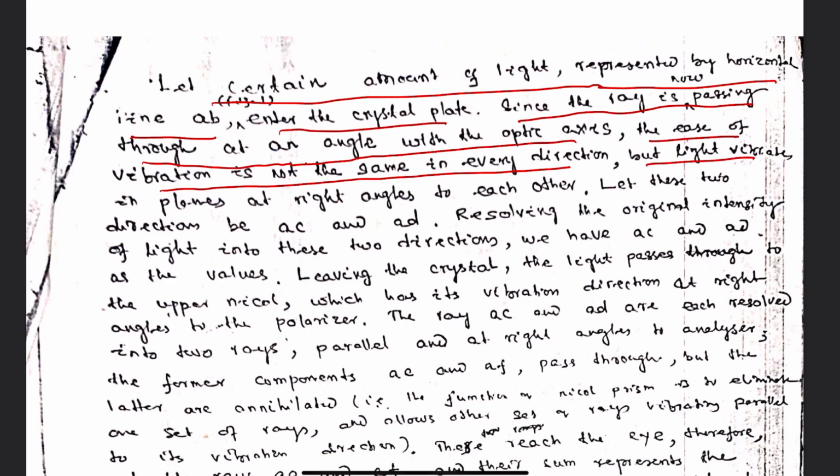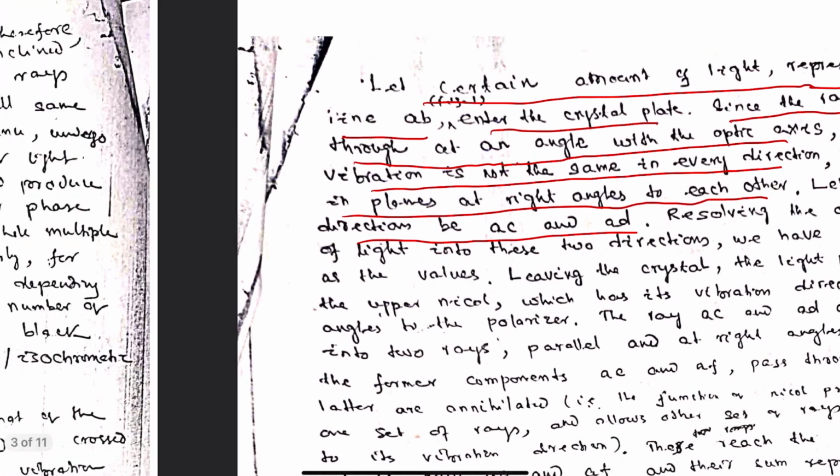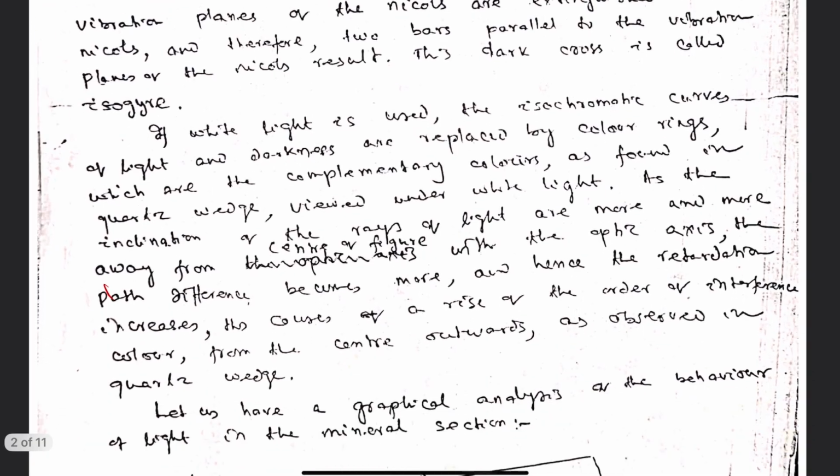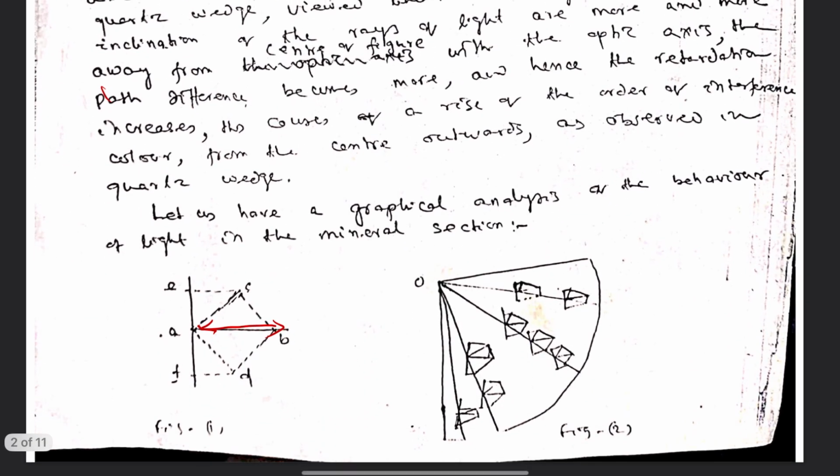The light vibrates in two planes at right angles to each other. Let these two directions be AC and AD. So double refracted rays are being produced in the mineral, AC and AD.